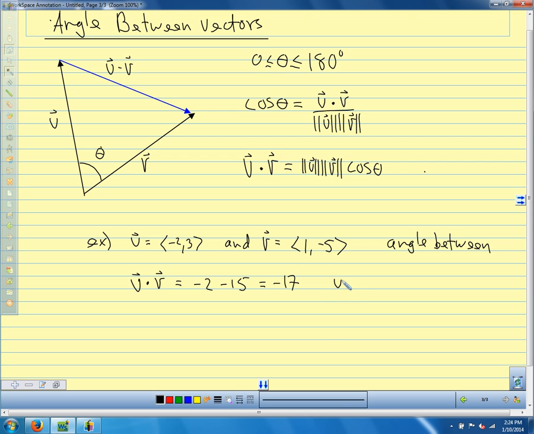Magnitude of U is going to be the square root of 4 plus 9, or the square root of 13. The magnitude of V equals the square root of 1 plus 25, square root of 26.